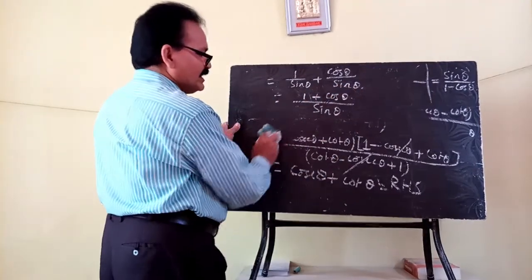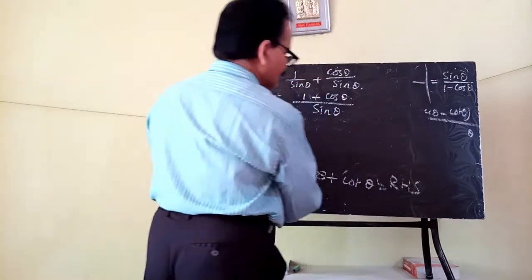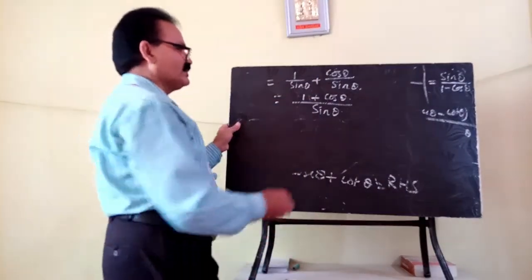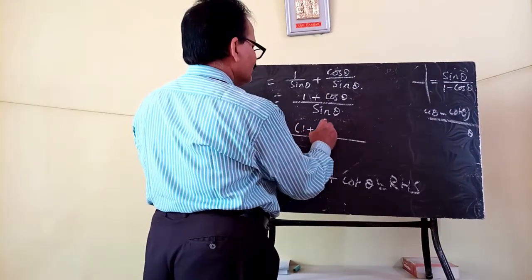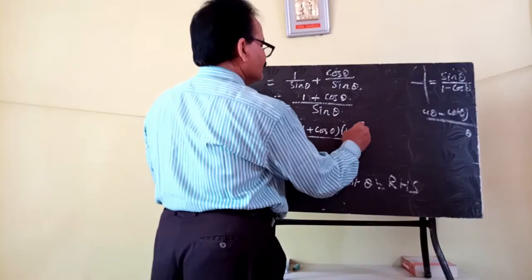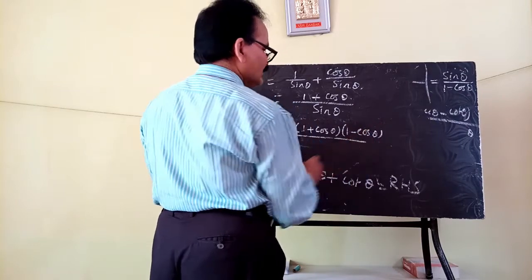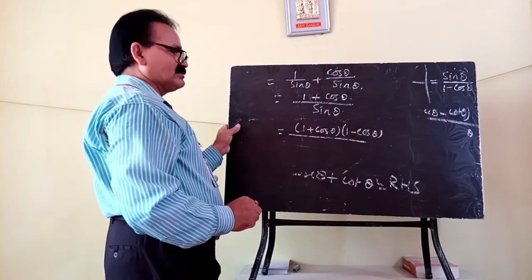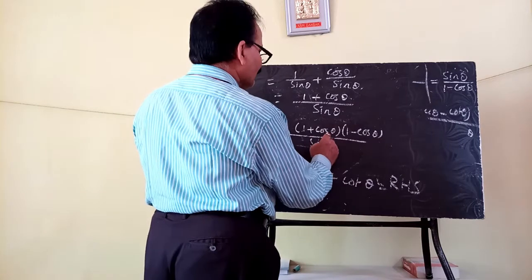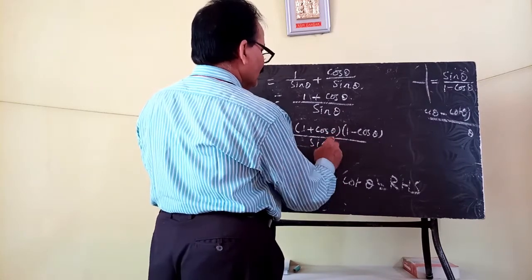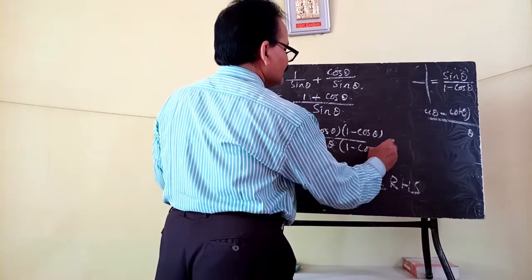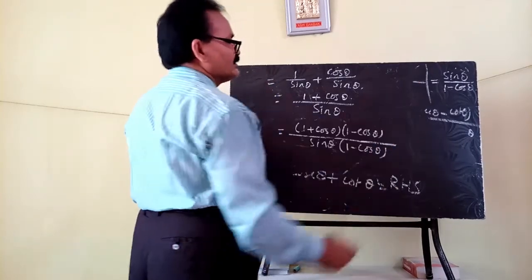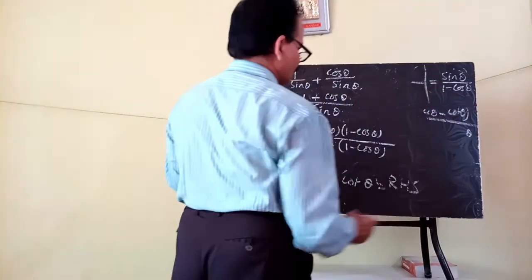Like rationalizing, here also you can multiply both numerator and denominator by 1 minus cos theta, because our target is to find sin theta by 1 minus cos theta.